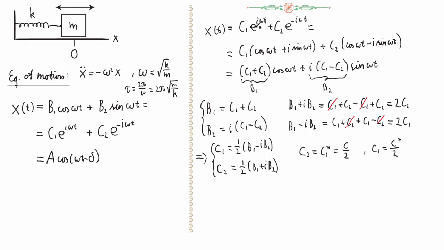So let's now write down what we have here. We have that x of t, and we'll replace c1 and c2 with these values.